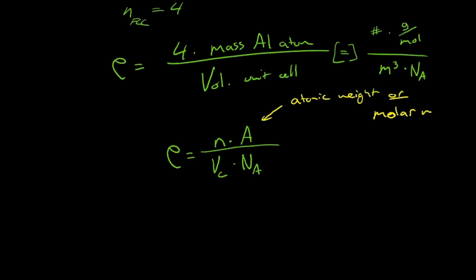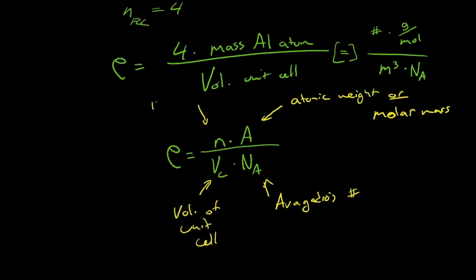This is Avogadro's number. That's the volume of the unit cell. And that's the number of atoms in the unit cell. Okay, and that's an equation that's quite useful, so let's give that a red box, just for good measure.